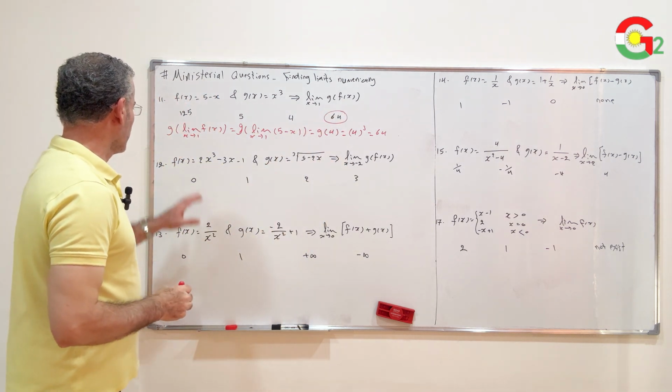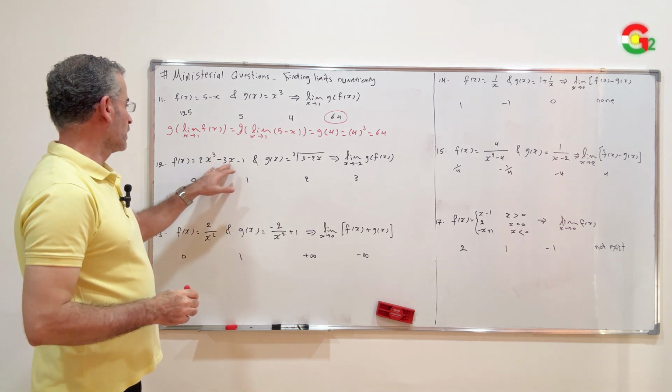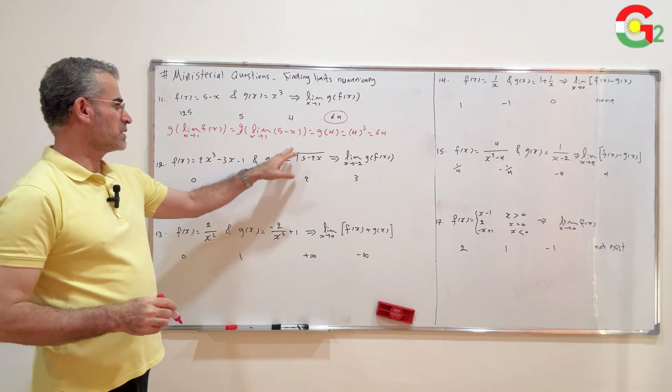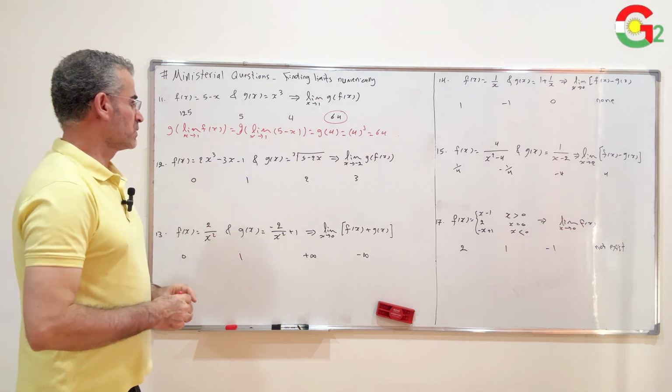Question number 12. f of x equals x to the power 3 minus 3x minus 1, g of x equals the cube root of 5 minus 2x.